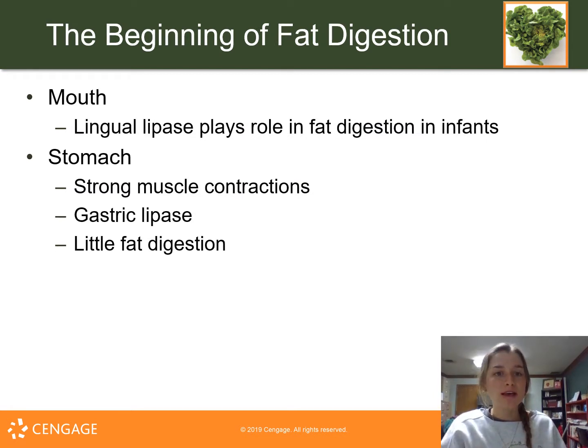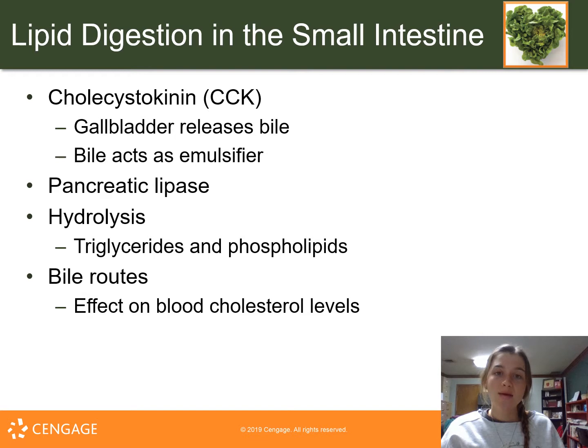So here are some notes that highlight what we just went over in the diagram, how it starts with the mouth and the stomach, but remember most of the fat digestion really occurs in the small intestine. But there will be some breakdown with the lingual lipase in the mouth, the gastric lipase. Remember, the stomach plays an important role with emulsifying them in the beginning with its muscle contractions. And then once it hits the small intestine, the hormone CCK is responsible for signaling the gallbladder to release bile.